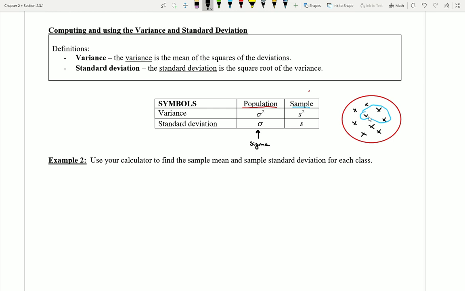Let's take a look at example number 2 then. I'm going to try to use the calculator to find the sample mean and the sample standard deviation. So I'm working with the small group for each of the individual classes. And then I'm going to provide an interpretation for what this standard deviation value really means.